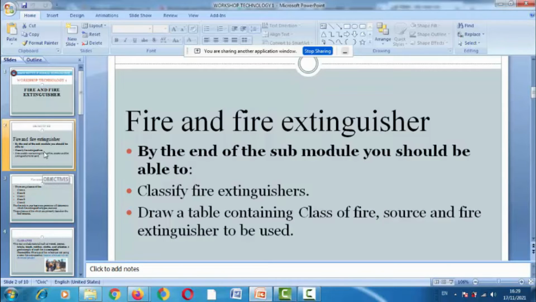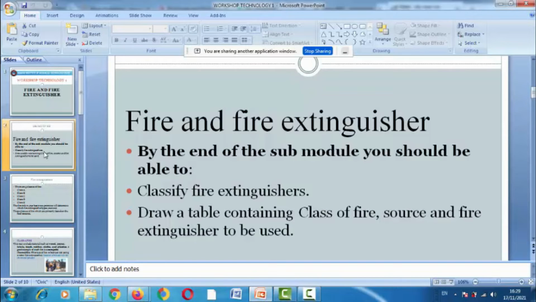But when it is burning where it is not supposed to be used, it becomes a risk to human beings. So now that it has become a risk, it becomes a need to know how to put off that fire.